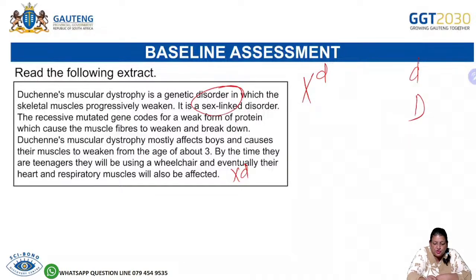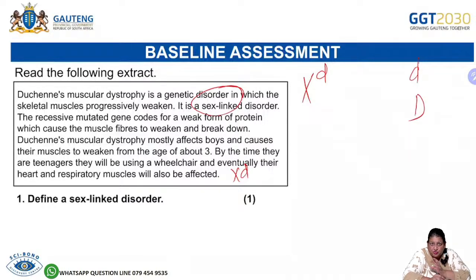Duchenne's muscular dystrophy mostly affects boys and causes their muscles to weaken from the age of about 3. By the time they are teenagers, they'll use a wheelchair, and eventually the heart and respiratory muscles, that means the breathing muscles, will be affected. Learners, you must learn to read the entire paragraph well, because in the exam, they're going to ask questions based on the paragraph. So you must read it very well.